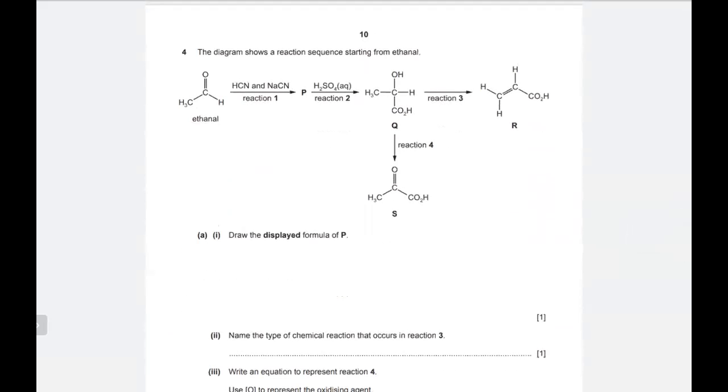The diagram shows a reaction sequence starting from ethanal. Draw the displayed formula of P. Ethanal with hydrogen cyanide forms a cyanohydrin product.